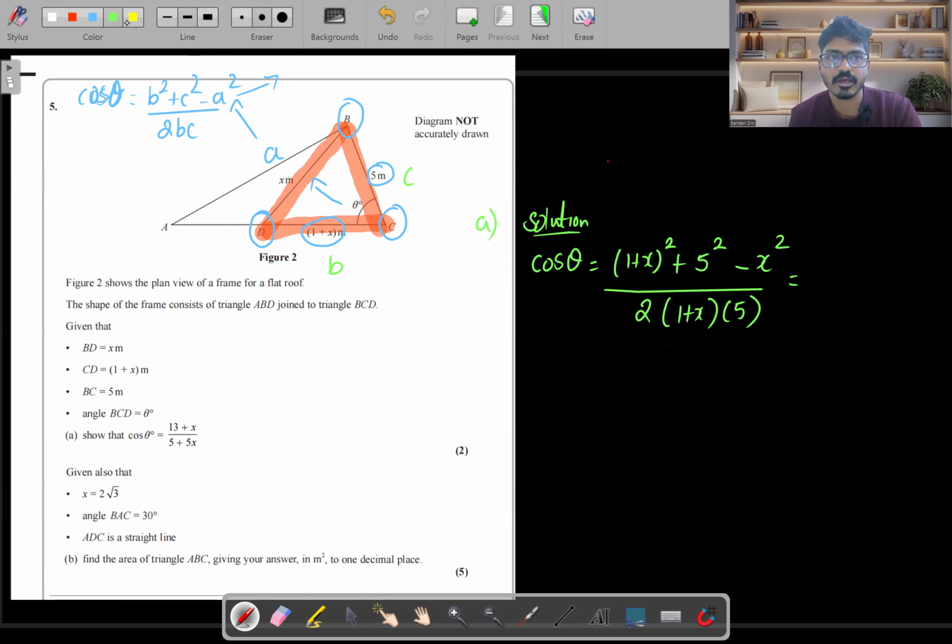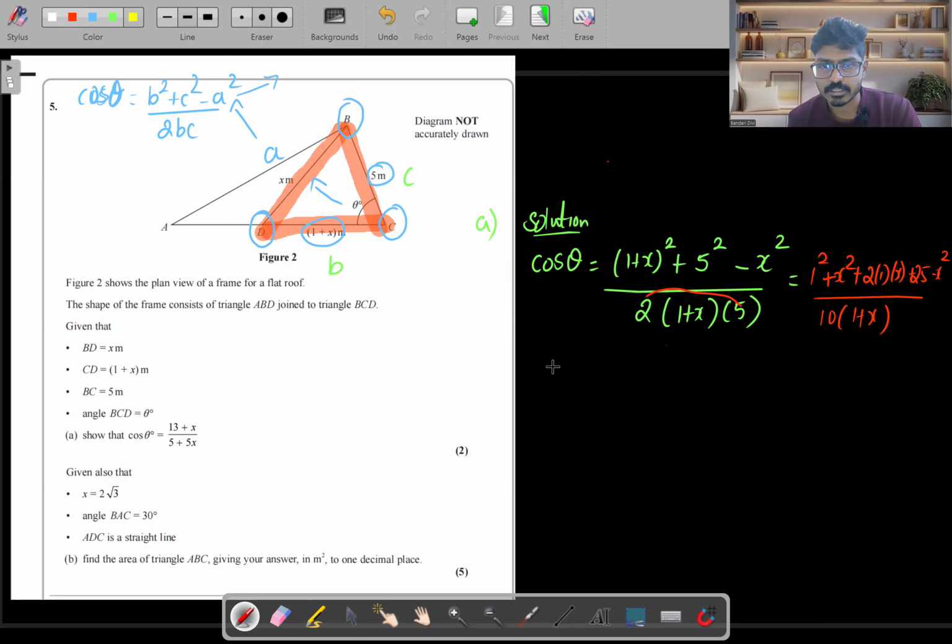If you apply here and expand this bracket, that will be 1 squared plus x squared plus 2x, and 5 squared will be 25, minus x squared, upon 10 times (1 plus x), because 2 times 5 is going to be 10.